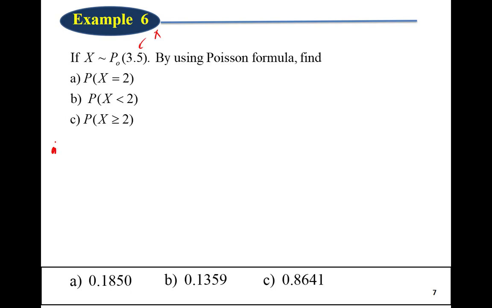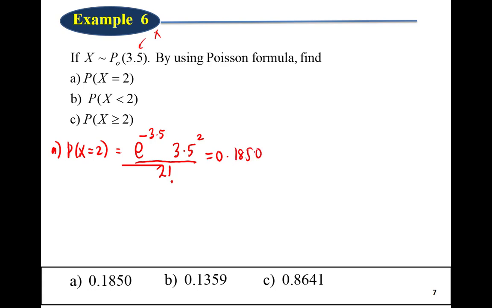So question A, P(X = 2) equals e to the power of negative lambda, where lambda is 3.5, lambda to the power of x, divided by x factorial. The answer is 0.1850.